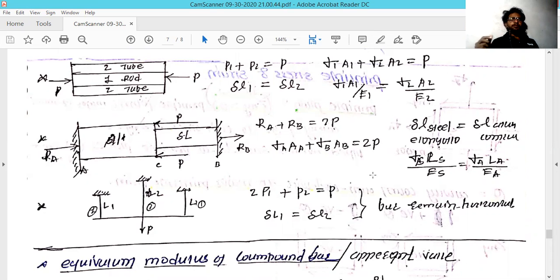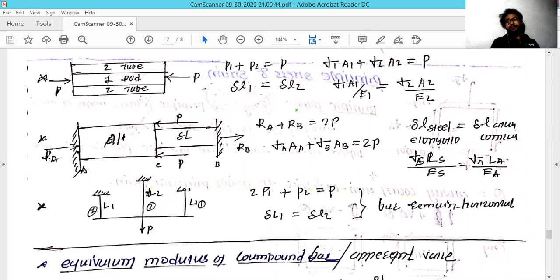Just because of that, the reaction at the wall acts in the RB direction, the right direction. So in this condition, when you apply the force in the left direction, the reaction acts in the right-hand direction. RA and RB you can see on the diagram.